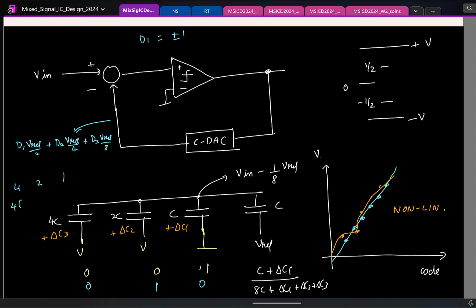It is going to be 4 into some (1 plus delta 1), 2 into some (1 plus delta 2), and so on. So even this voltage will no longer be this. I will write it like this: 4d1 plus 2d2 plus d3 times, where I have just taken 8 out and written it.